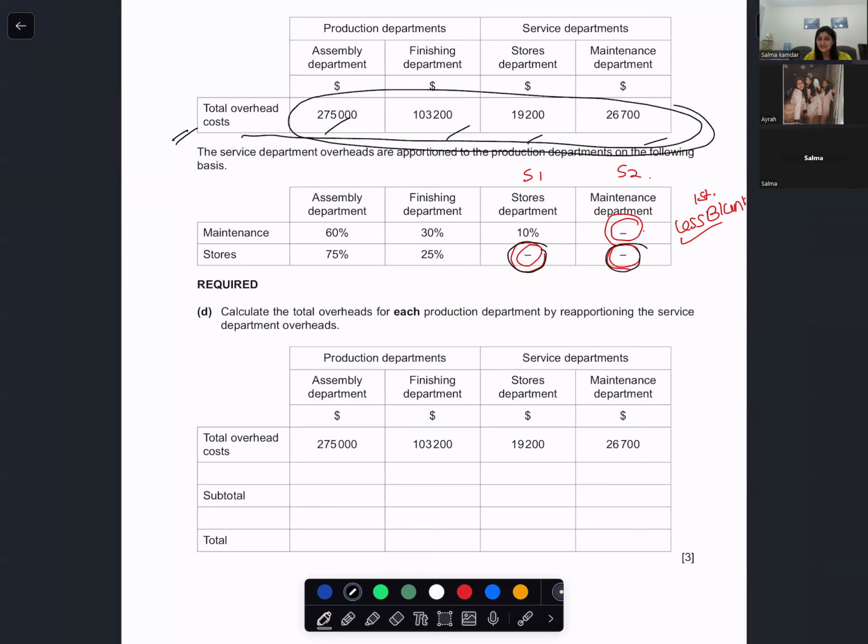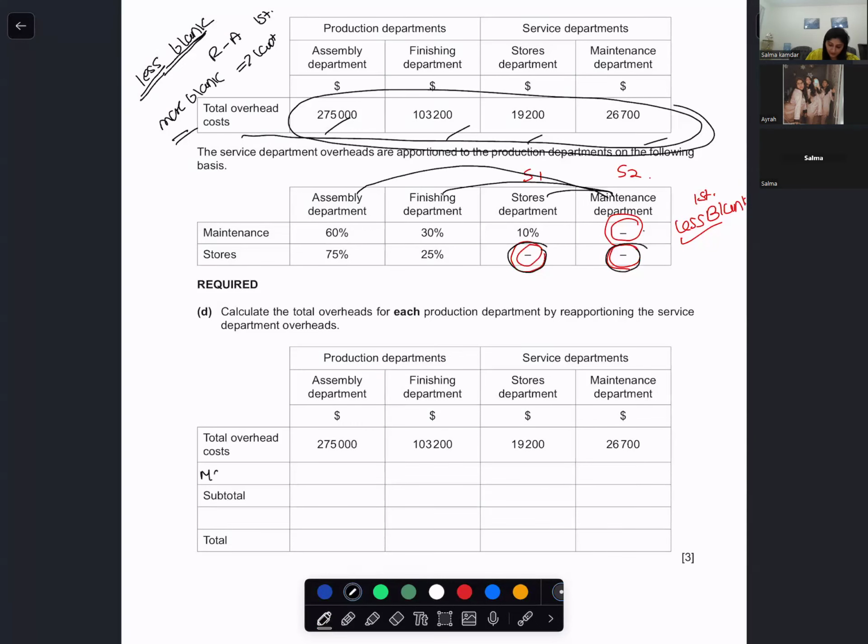Maintenance has only one blank. If you want, you can write it in your notes so that you remember: the one that has fewer blanks, reapportion first; more blanks last. That means maintenance department is giving services to all the 3 departments, so that will be reapportioned first.